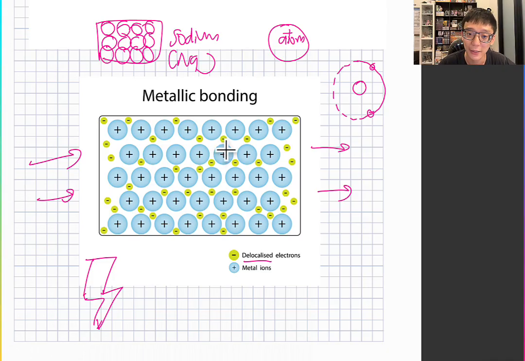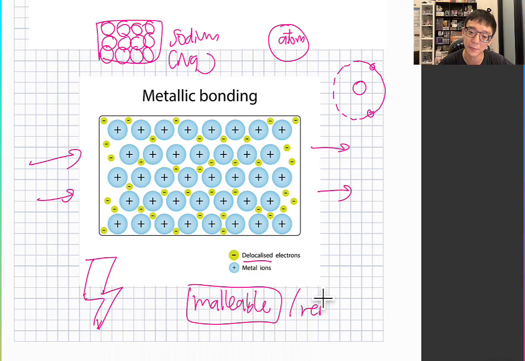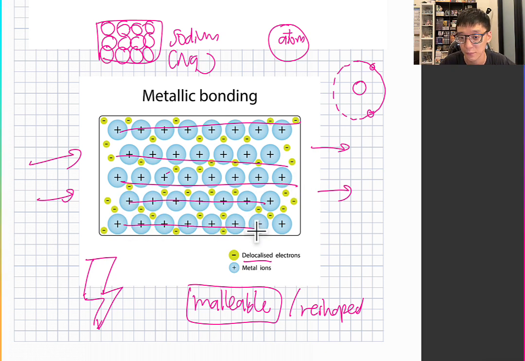Another property of metal is that they are malleable, or they can be reshaped. You can see that metals form layers, like the first layer, the second layer, the third, fourth, fifth layer, and so on. Imagine you're giving a very heavy punch to this part.